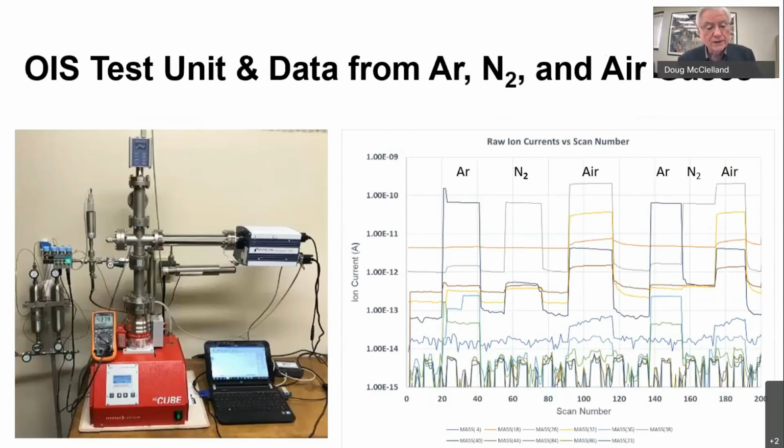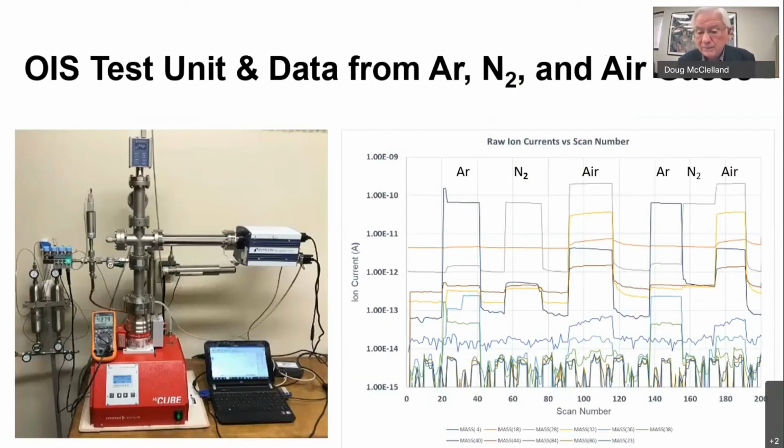The gas comes in from the left with capillaries from gas reservoirs or the room air. And to the right here, we show fairly high purity argon, high purity nitrogen, and air.